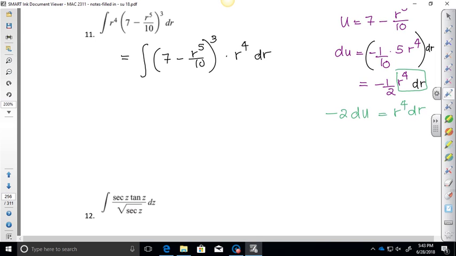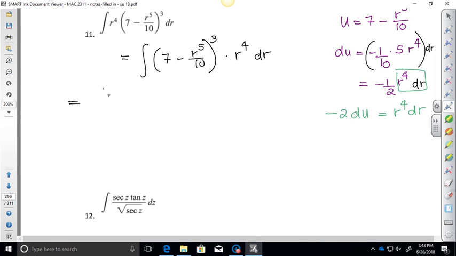Now we've got a substitution for everything. We completely changed the variable of integration from r to u, which is integrable. That's why we're doing it, to make it integrable.